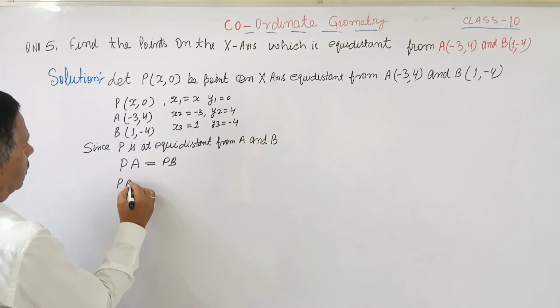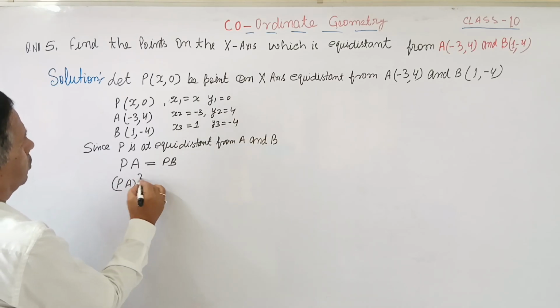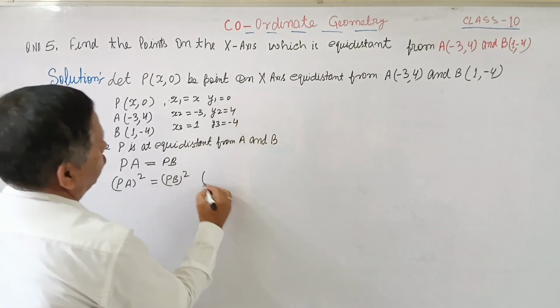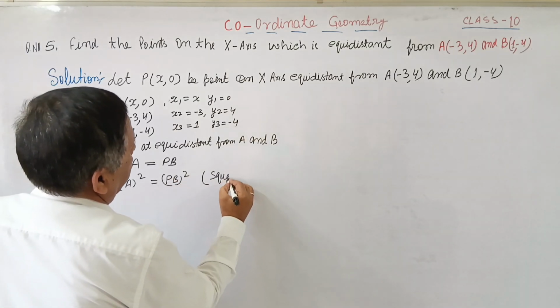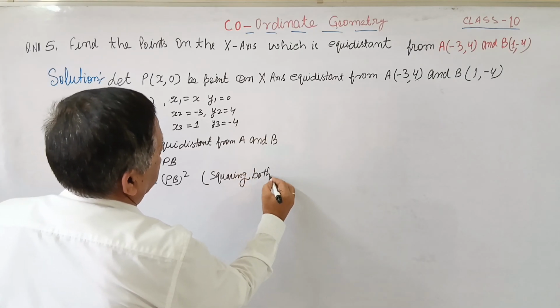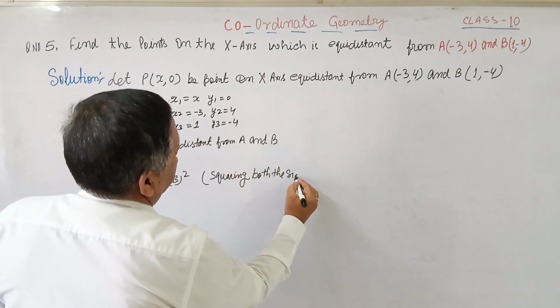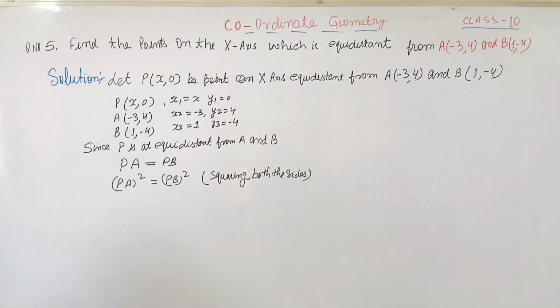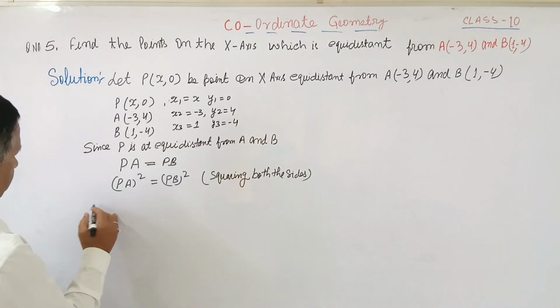We will take the square root, or squaring both the sides. Now we will use the distance formula.